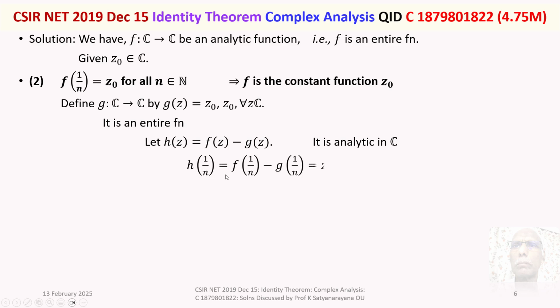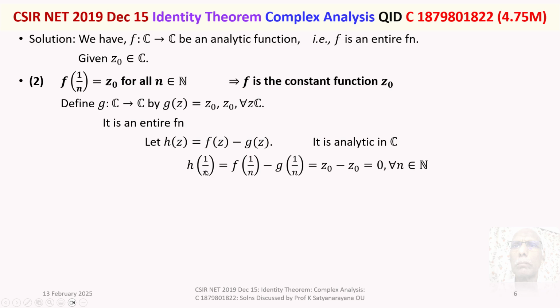Now h of 1/n is f of 1/n minus g of 1/n. f of 1/n is z0, and g of 1/n is also z0 because it is a constant function. z0 minus z0 is equal to 0 for all n belongs to N. Agreed. So that means h is vanishing at every point of 1/n for all n belongs to N, and that means we have a set of zeros of 1/n.